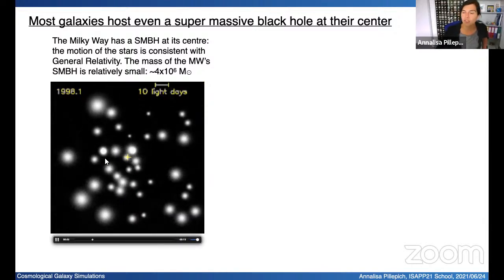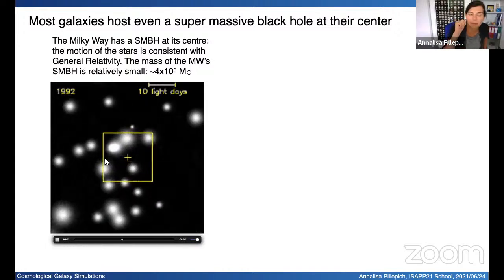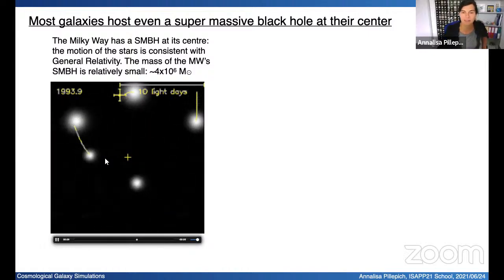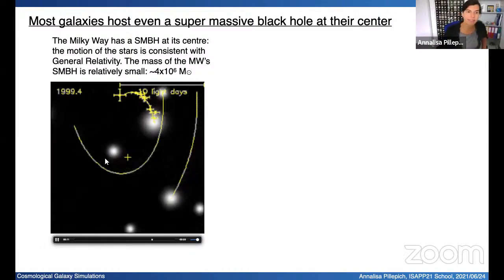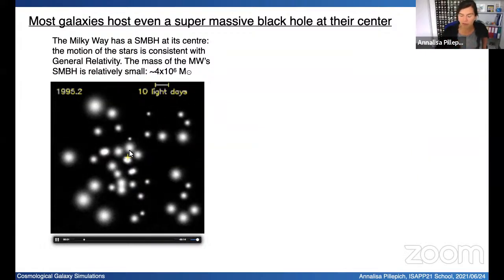The motions have been now so detailed that they can confirm that general relativity is a good descriptor of gravity, and also the mass of the supermassive black hole of the Milky Way is very well known.